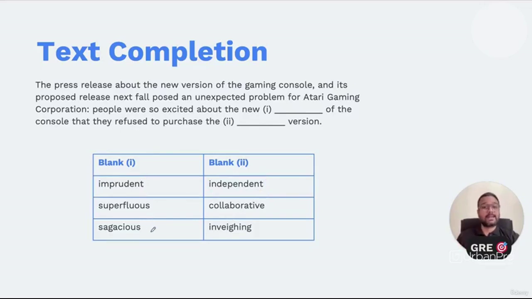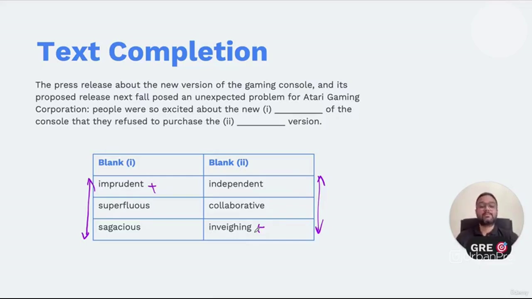They are independent of each other, meaning that there are 3 ways to answer the first blank and there are 3 ways to answer the second blank. Or there are 3 into 3 ways to answer the entire double blank question, or 9 ways to answer it. This could be the right answer and this could be the right answer as well. It is not dependent on the positioning, right?